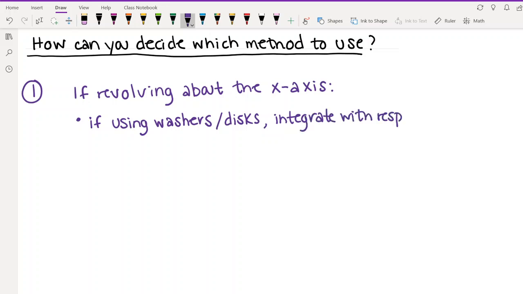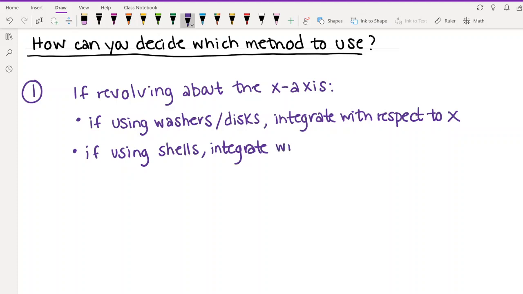This is something that we've seen in a lot of examples, and I'll sketch a picture in just a second to help you understand why. On the other hand, if your shape is obtained by revolving around the x-axis and you're going to use shells, then you have to integrate with respect to y. That's what we saw in the most recent videos. So basically, when you're using washers or discs, the variable you're integrating with respect to matches the axis you're revolving around, and if you're using shells, it's the opposite.